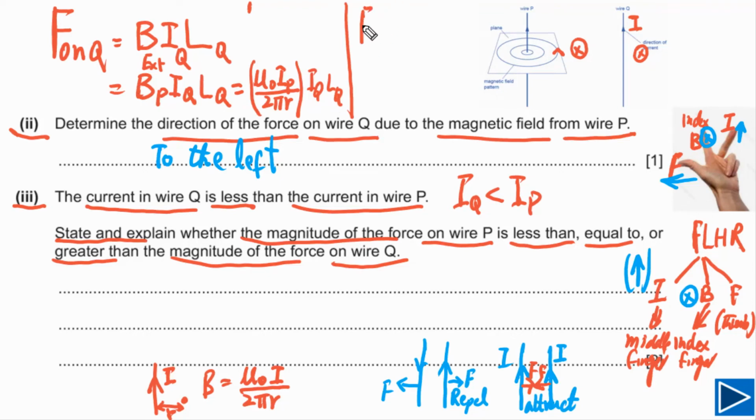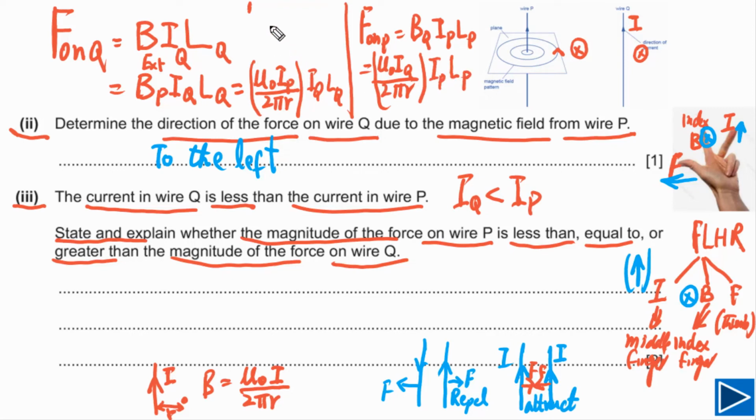But if we need to find the magnitude of force on P, we have to use the magnetic field due to Q, current in P, and length of P. Now, the magnetic field due to Q is mu naught IQ divided by 2 pi r, multiplied by IP times LP.